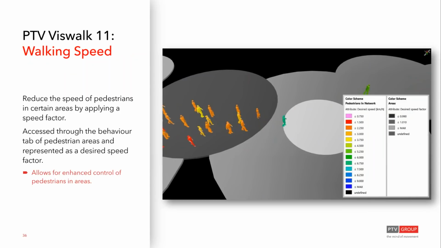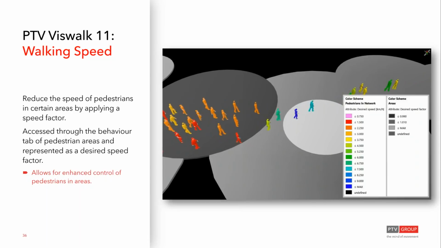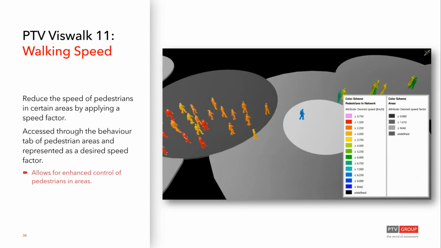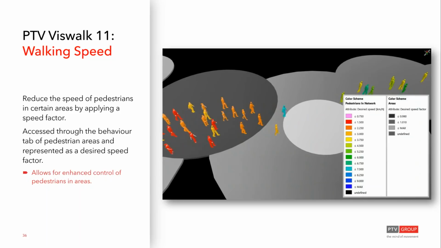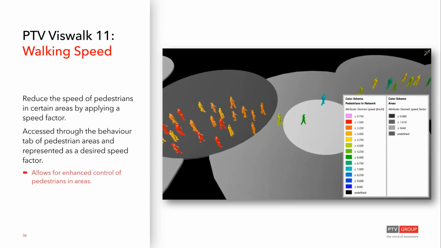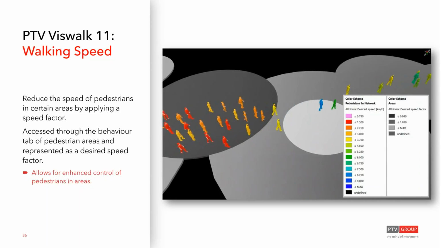Another more simplistic way of modeling a specific behavior for pedestrians is that you can now have a walking speed factor for an area. Just imagine you're walking in a building and then you go outside and walk into another building, but it's heavily raining.